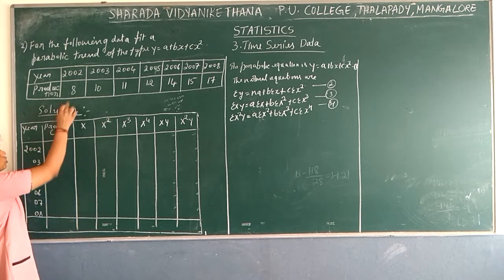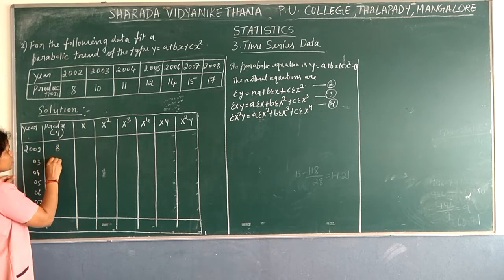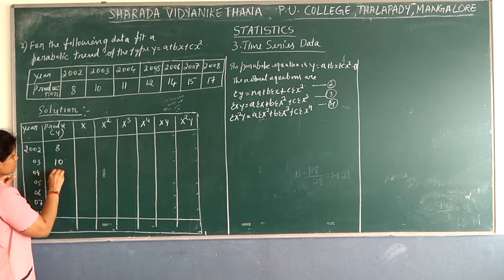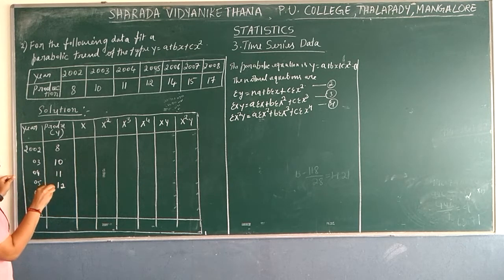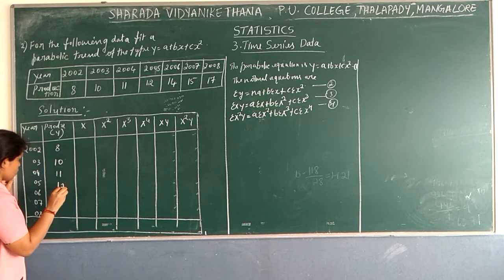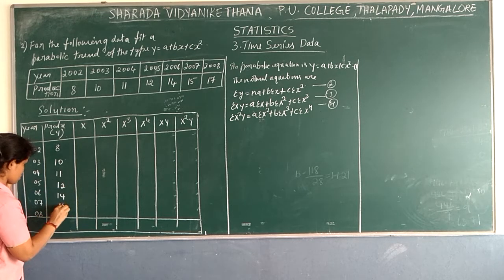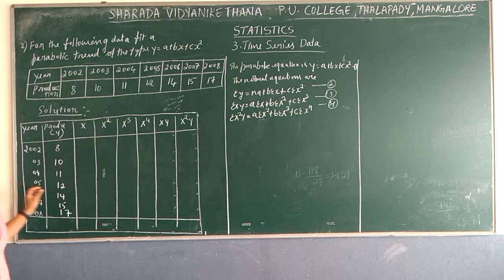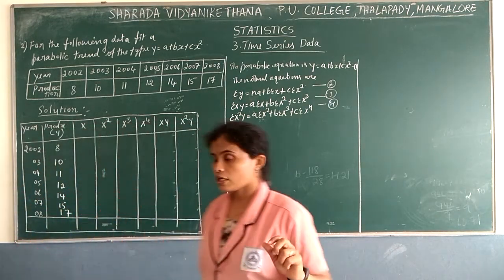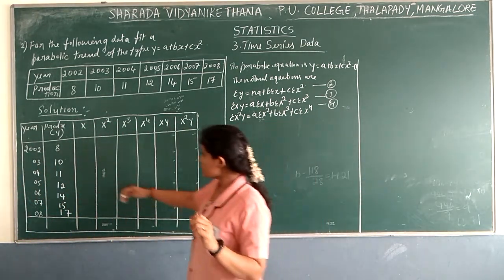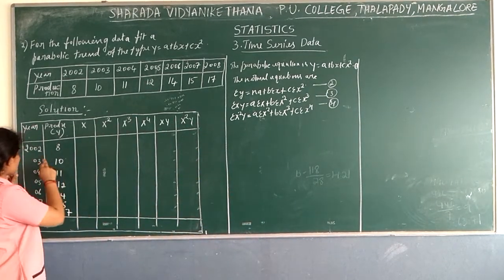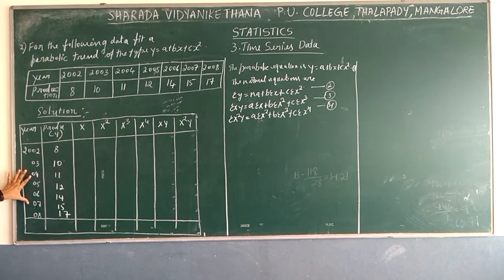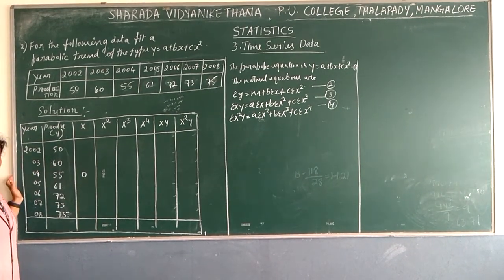Production, that is y actual value which they have given: 8, 10, 11, 12, 14, 15 and 17. Then we will assign the x. As you observe here, there are 7 numbers in the series.